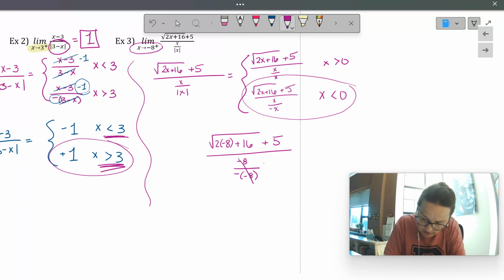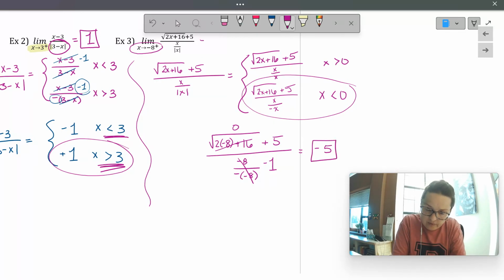That's really just going to go to -1. This is -16 plus 16. That's going to be 0. So what I really have is 0 plus 5 divided by -1. That's -5.